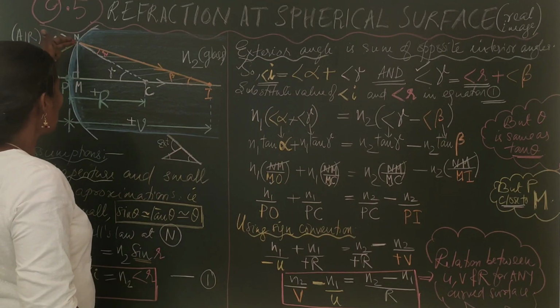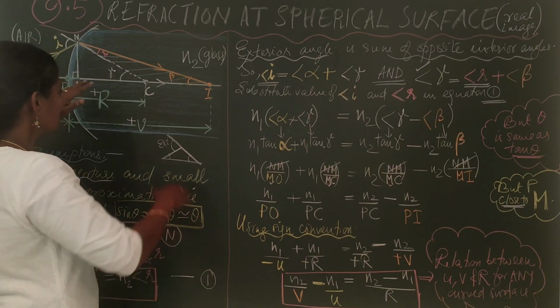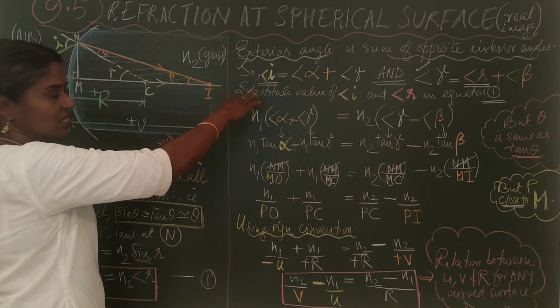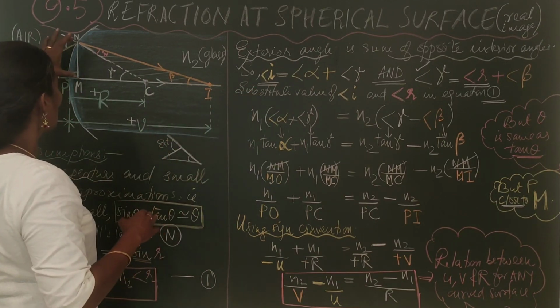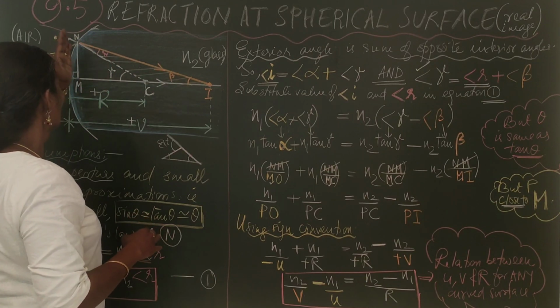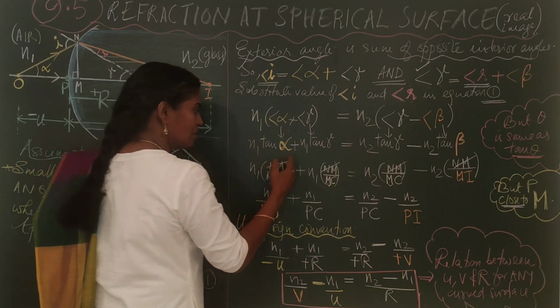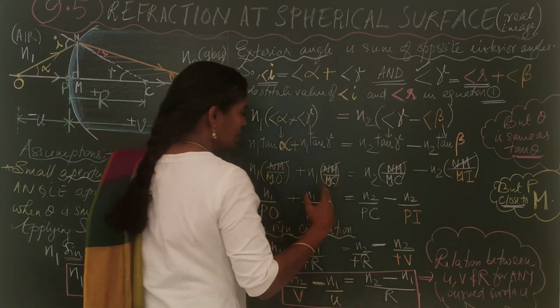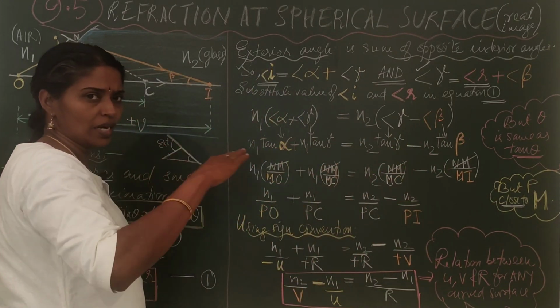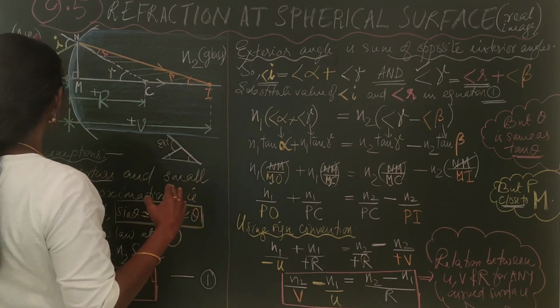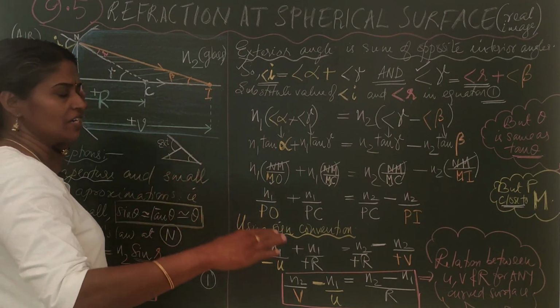I have drawn a normal from the point N to the point M, which is on the principal axis. So in the right angle triangles, every angle has the opposite side NM. So wherever you write, it is NM, NM, NM, NM. But the adjacent side will be different.